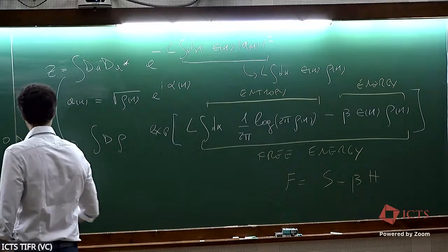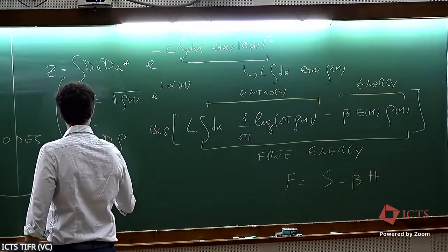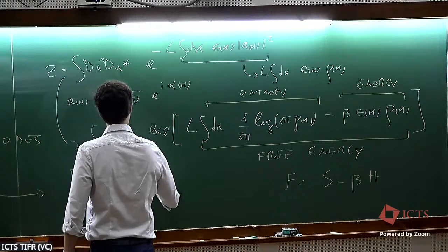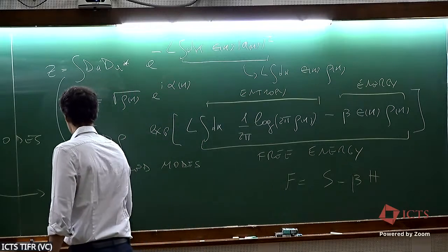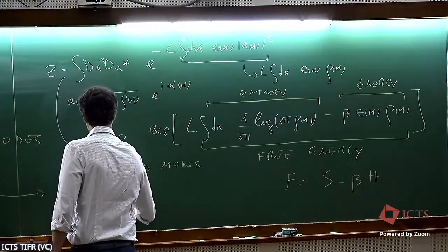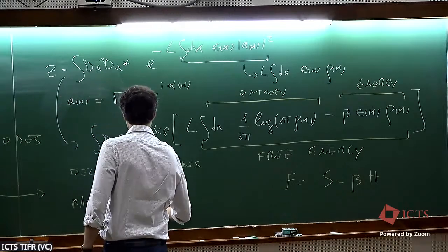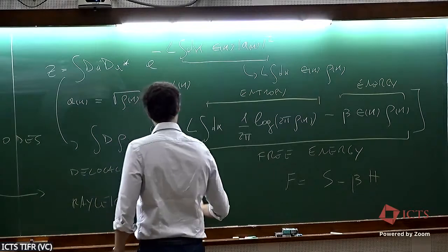So radiative modes will be delocalized modes with Rayleigh-Jeans entropy.